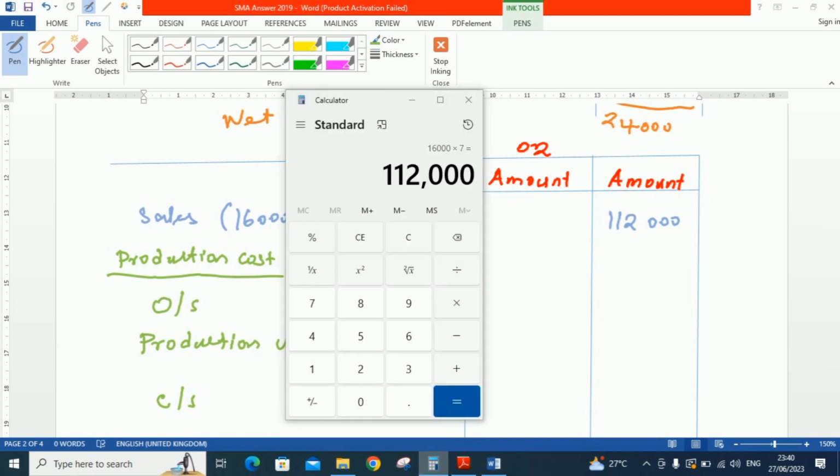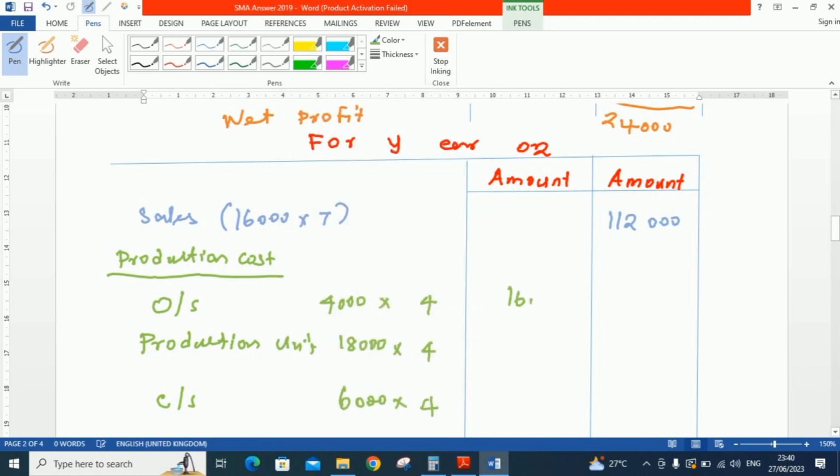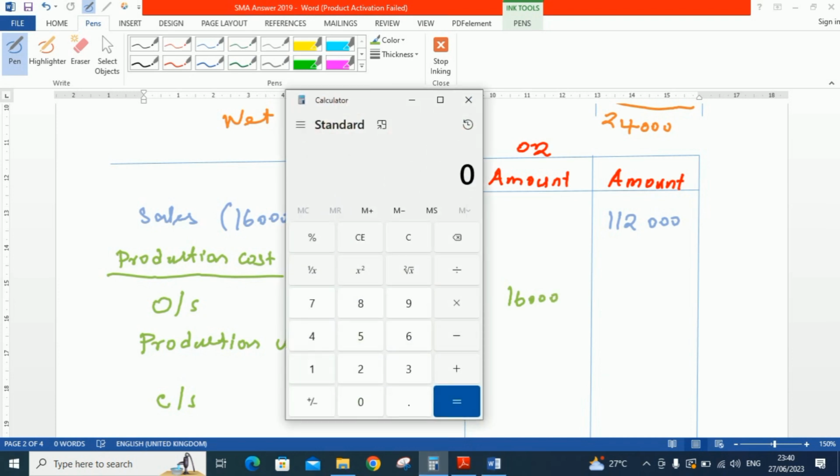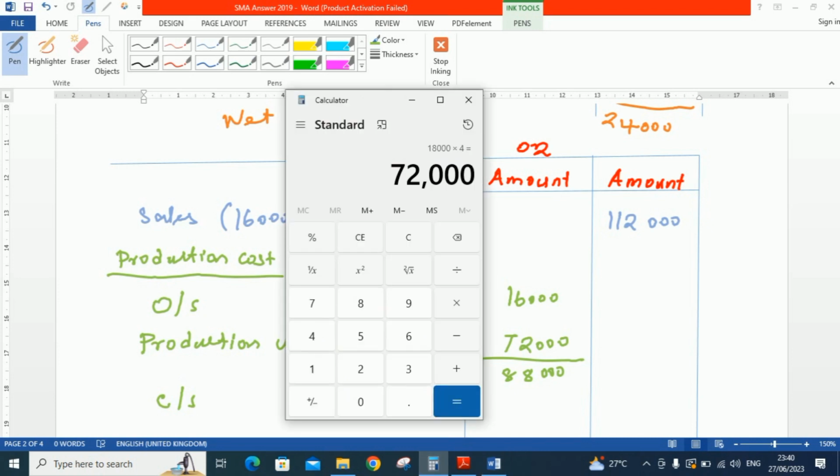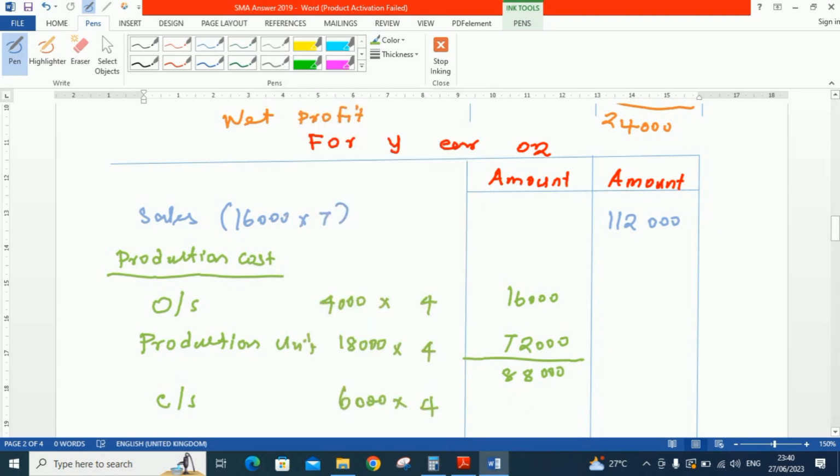Opening stock 16,000. Production 18,000 into 4 is 72,000. Minus 6,000 into 4, which is 24,000.